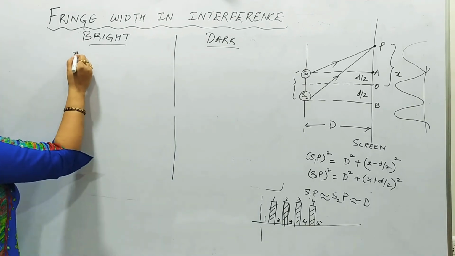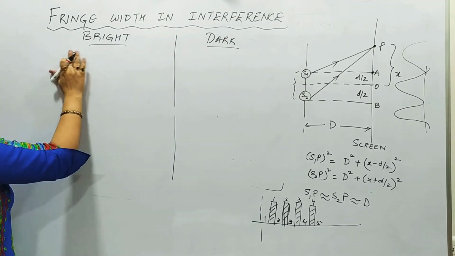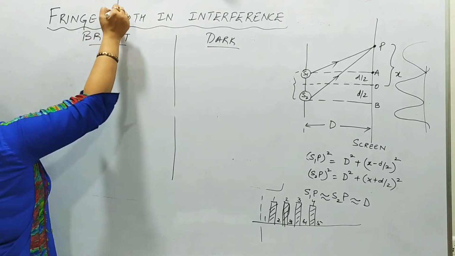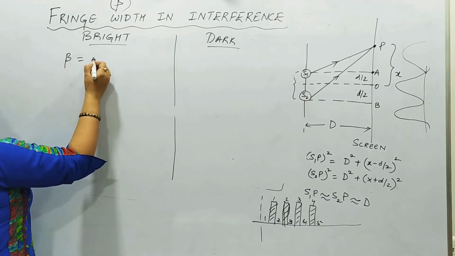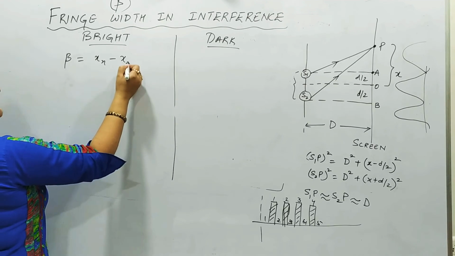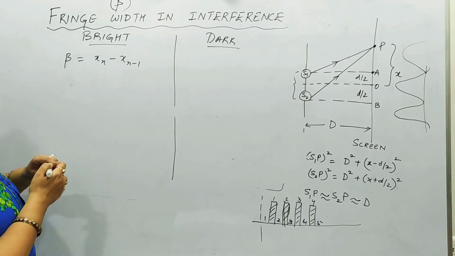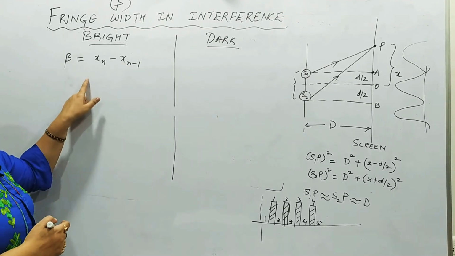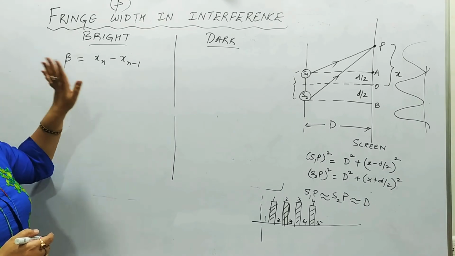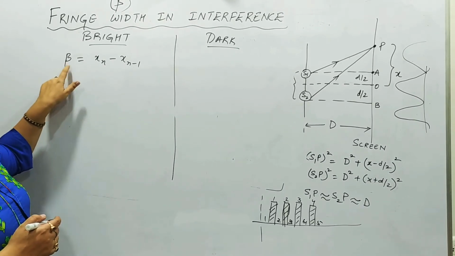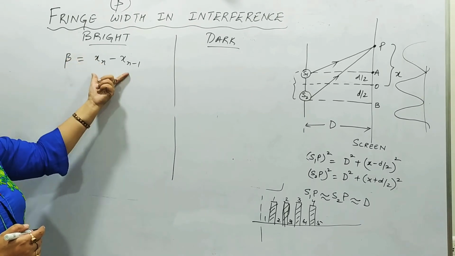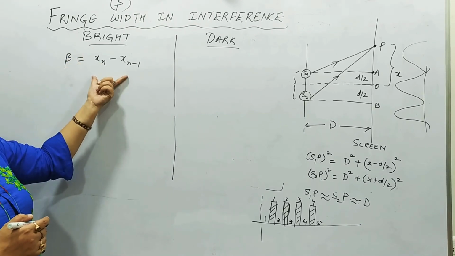Let us denote this fringe width by beta. So let us say beta is equals to xn minus xn minus 1, x4 minus x3, x5 minus x4 and so on. We are finding beta for bright. The formula should be for dark or bright?